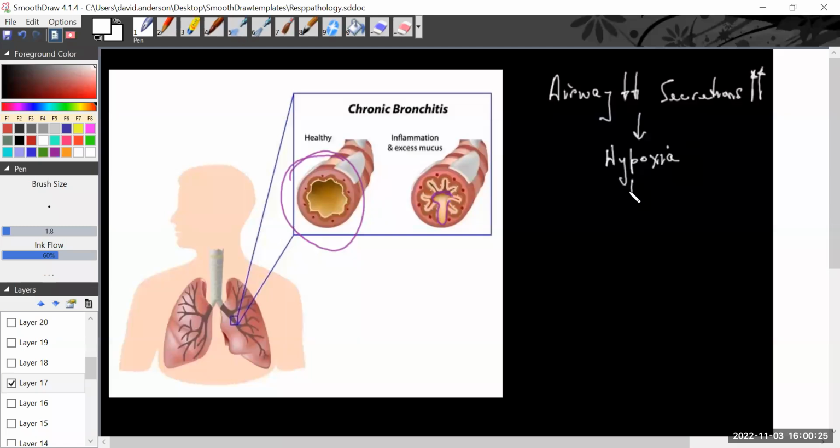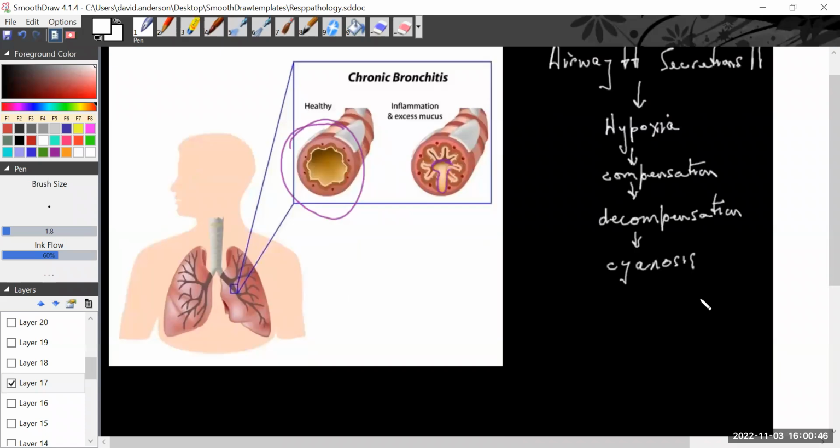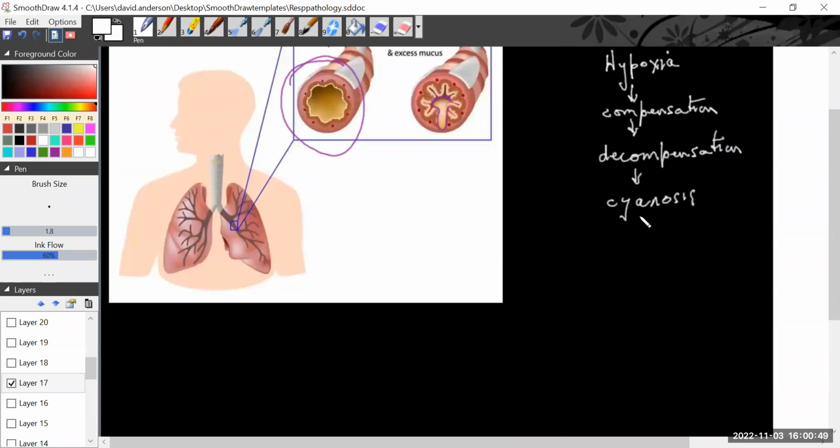So we would get compensation. And then decompensation. The decompensation would then show up as cyanosis. And hypercapnia.